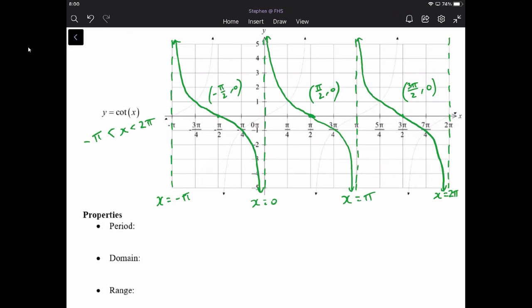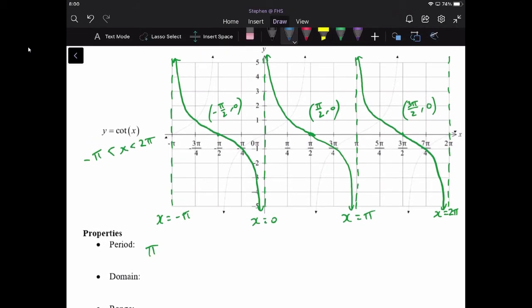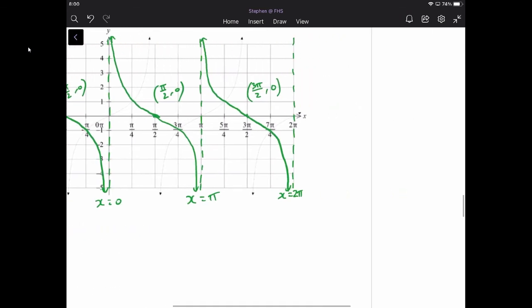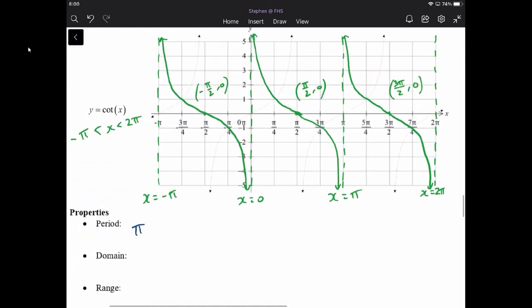Right, so the period of the cot graph, that is just pi, really. That's just pi, because the graph of tan also had a period of pi. The domain of this one, if you have a look at this, again, you see all the asymptotes are basically at x values that are just integer multiples of pi, just like it was in the graph of cosec.